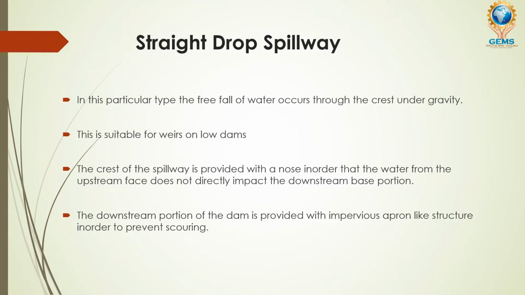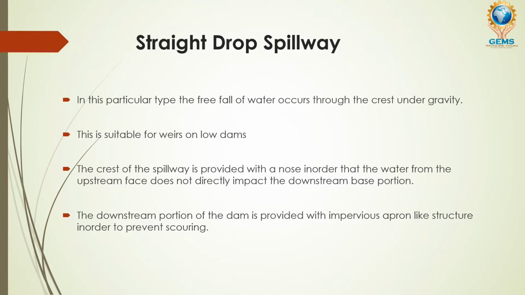Actually this spillway is suitable for weirs on low dams, which means where a weir is constructed at a low dam, the straight drop spillway is adopted at that position. Then the third point: the crest of the spillway is provided with a nose in order that water from the upstream face does not directly impact the downstream base portion.